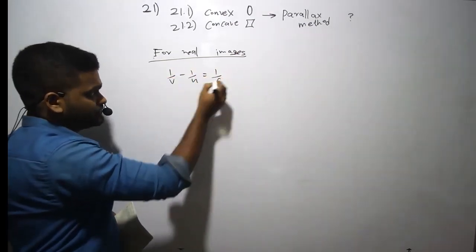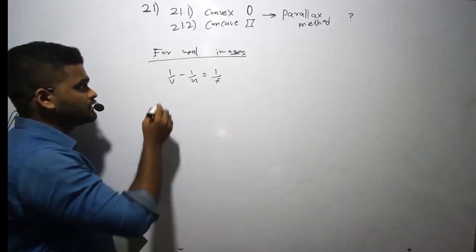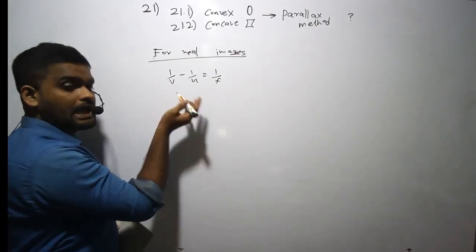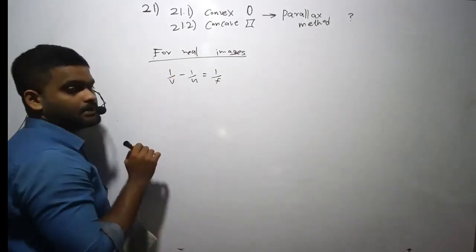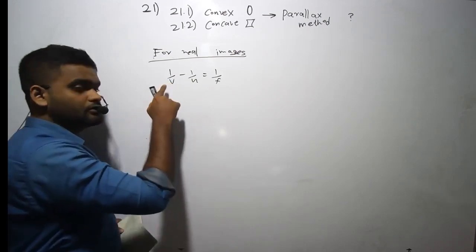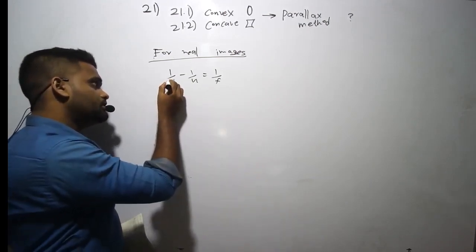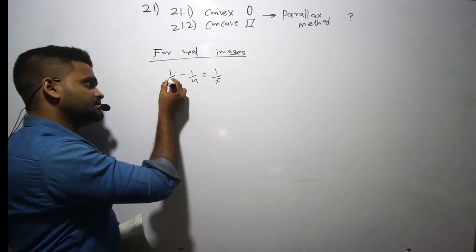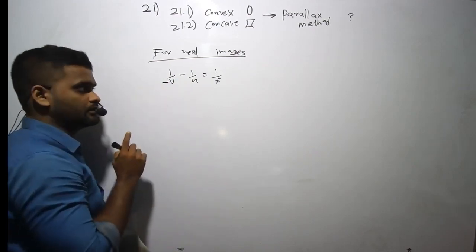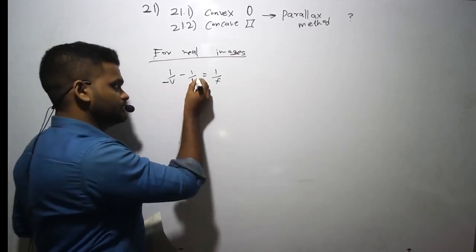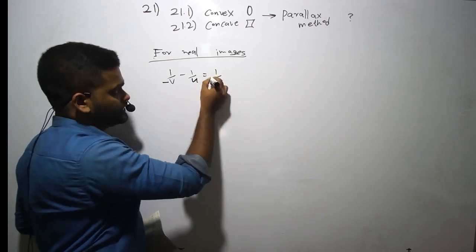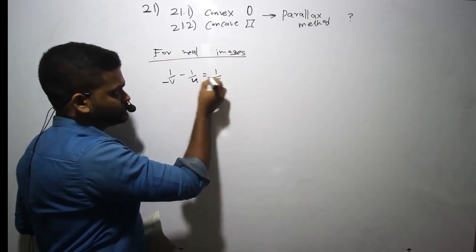Since I'm using real images only, if you apply sign convention to this V value, V is going to be negative only, because I'm only using real images. Then real object, so plus U. Then this is a convex lens, so it is minus.